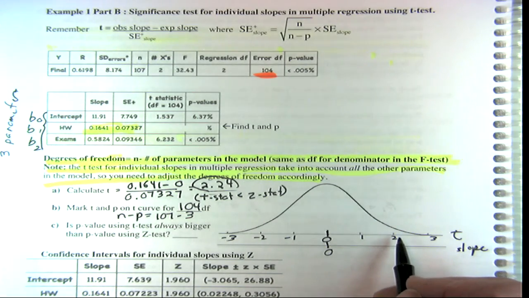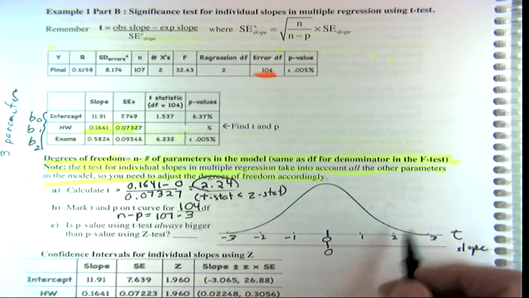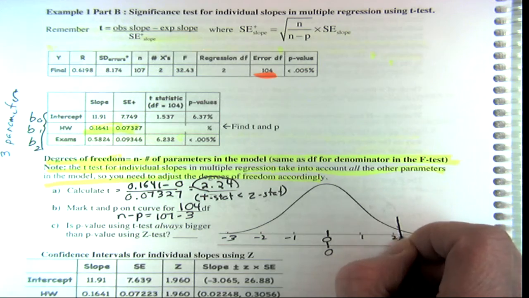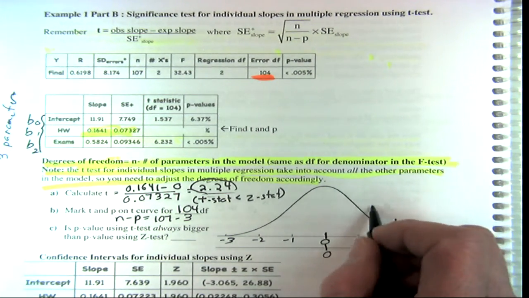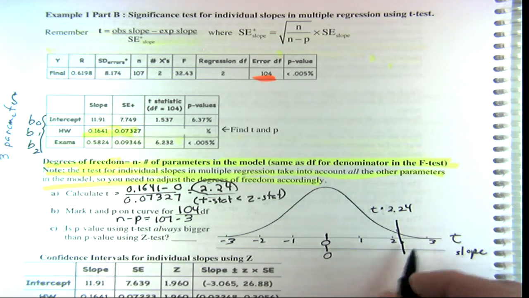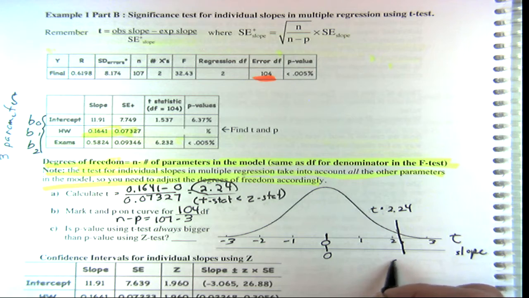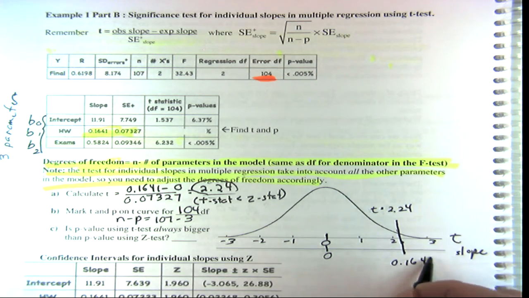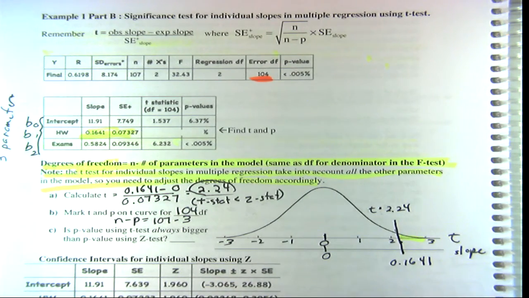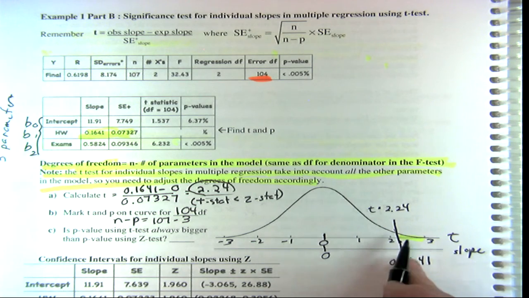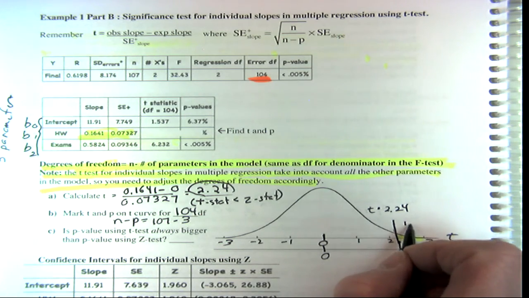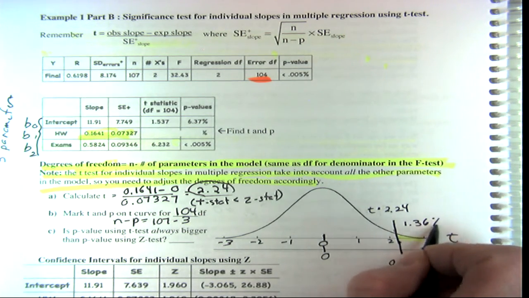But now we have to look on a t-curve. So right here is 2.24. Okay, that's our t equal to 2.24. And that translates, again, into a slope equal to 0.1641. And this is the area that we want to figure out right here. And this curve is a little bit fatter. So this p-value, instead of being 1.15%, it turns out to be 1.36%.